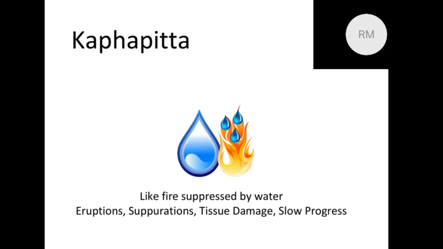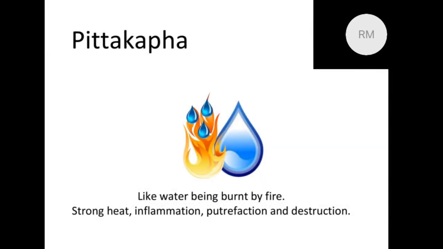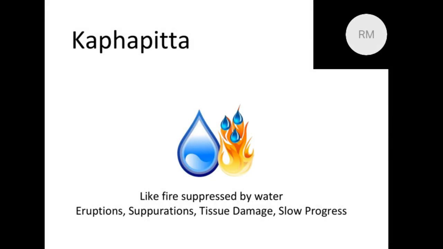And as we go further, these are different steps in which we understand the complexity of doshic combinations. So 3 categories, plus the next step is 7 categories. And then, as I was discussing in the previous webinar, Pittakapha and Kaphapitta are slightly different.